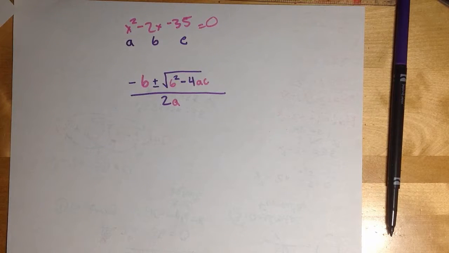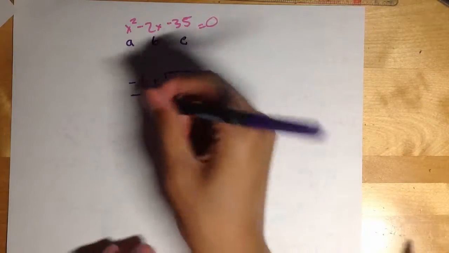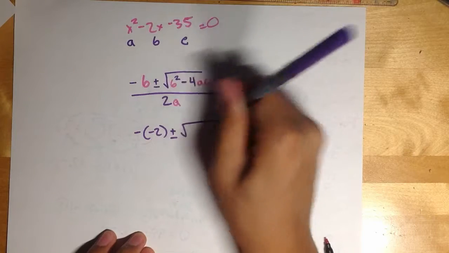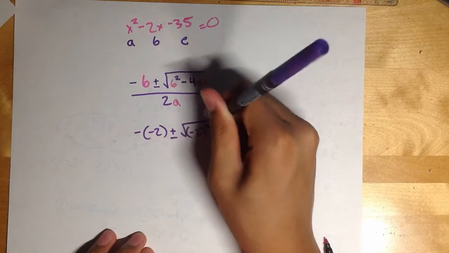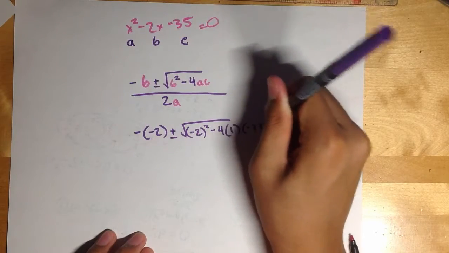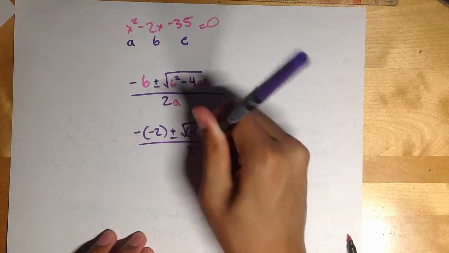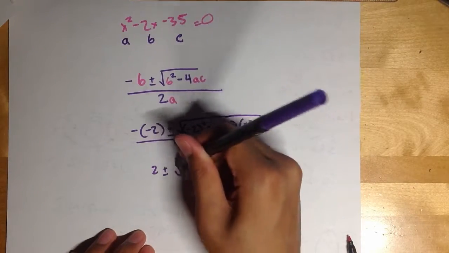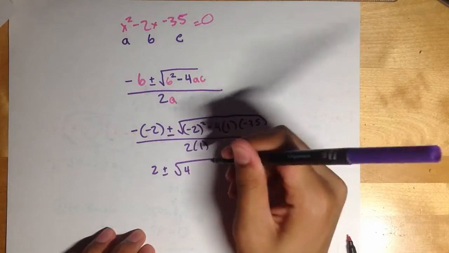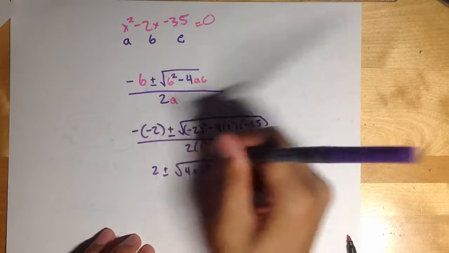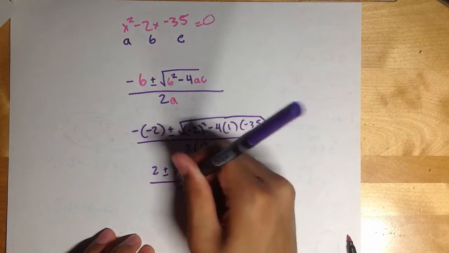So to plug this in: negative negative 2, which is 2, plus or minus the square root of negative 2 squared minus 4 times 1 times negative 35, all over 2 times 1. So that's 2 plus or minus the square root of 4 plus 140, since 35 times 4 is 140, all over 2.